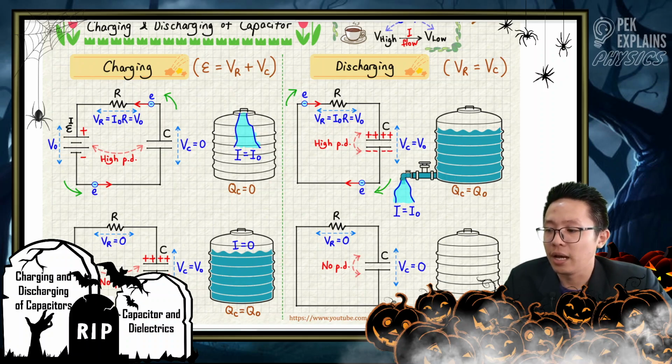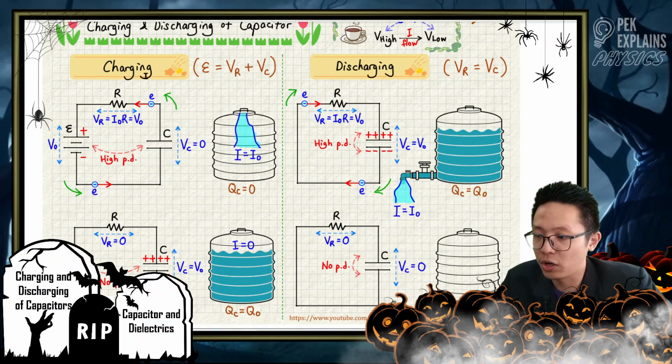So we can say the EMF is equal to VR plus VC. The voltages just total up. VR, the voltage across the resistor, plus the voltage across the capacitor, is actually the voltage of the battery. This is for series connection.